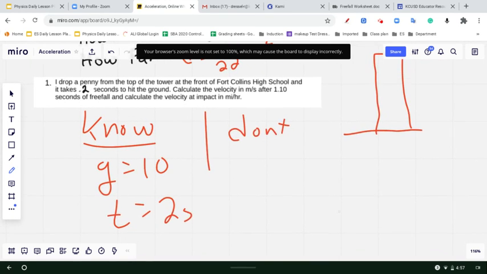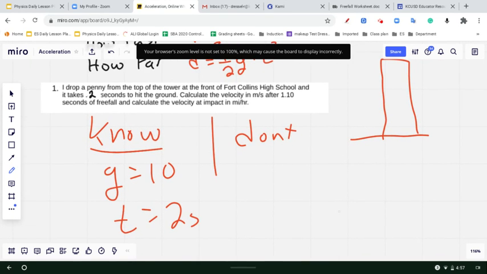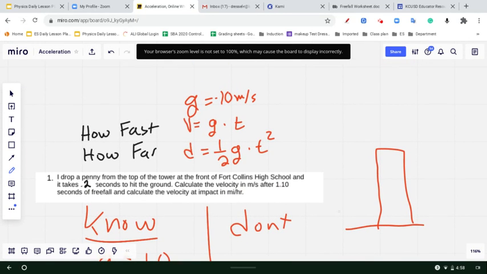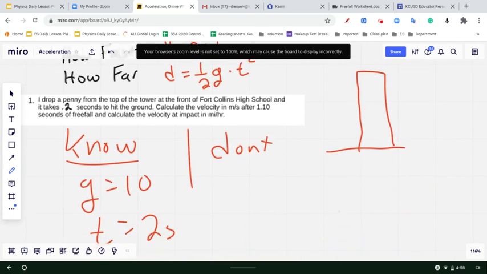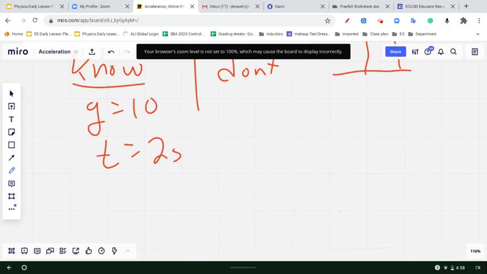Now if I wanted to find out how fast it's going at the end of this, all I would have to do is use the very top equation: velocity is equal to the gravitational constant, or 10, times the number of seconds. If I know it fell for 2 seconds, then right before it hit the ground, I'm going to call it its final velocity, just before it hits the ground, because once it hits the ground, of course, it's going to be 0.